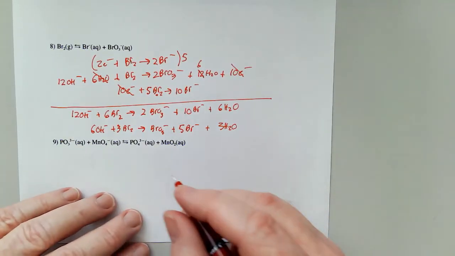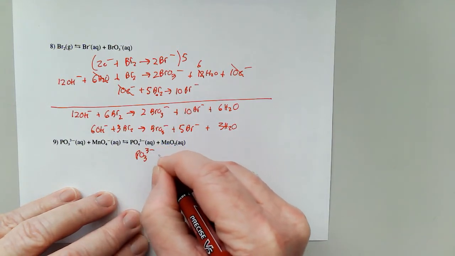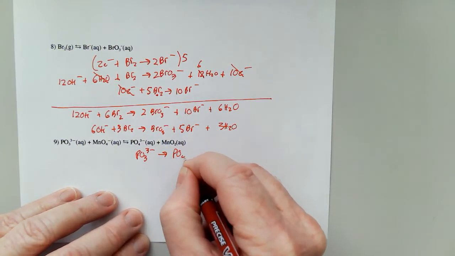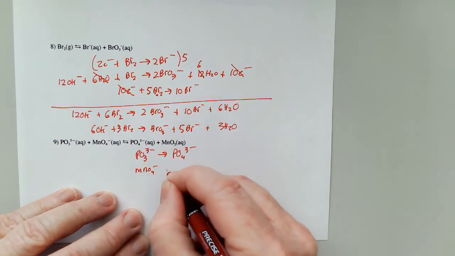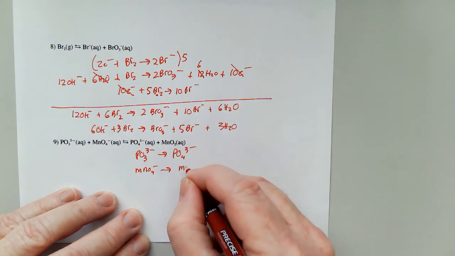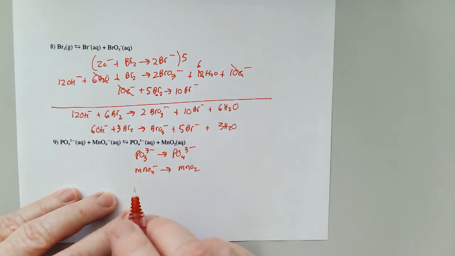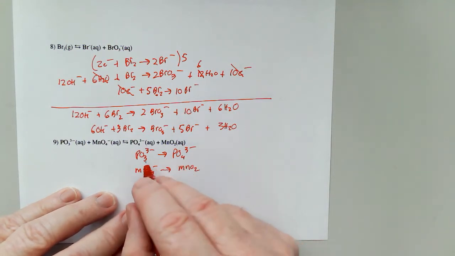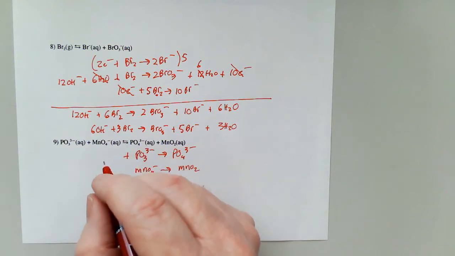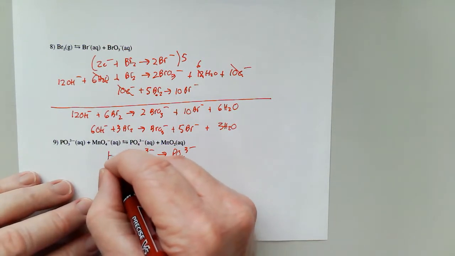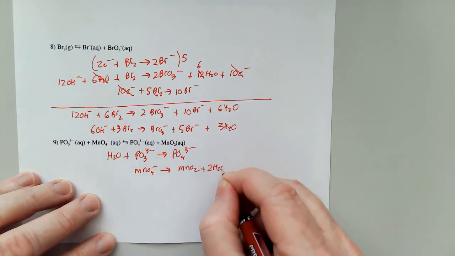Okay, our last one here. PO3 3 minus goes to PO4 3 minus, and MnO4 minus goes to MnO2. 1 phosphorus, 1 phosphorus, 1 manganese, 1 manganese. Okay, 4 oxygens and 3 oxygens, so I am going to add a water. Okay, 4, 2, I add 2 waters.